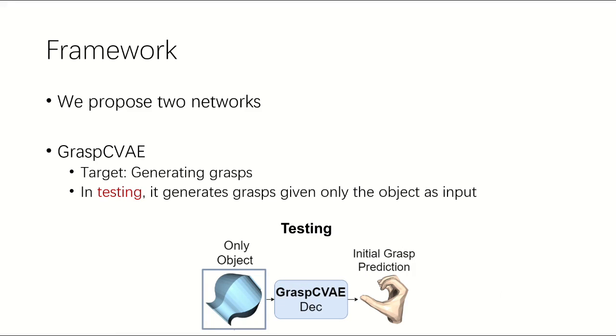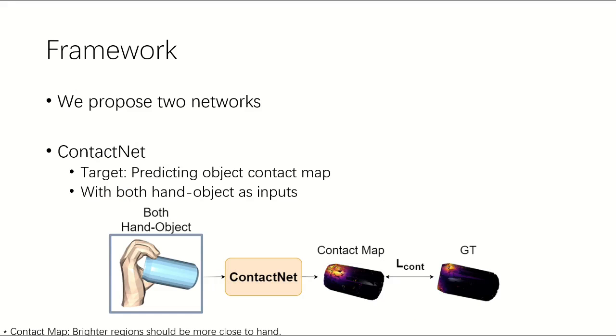At test time, the input will only be the object, and we only use the decoder of the GraspCVAE to generate human grasps. The second network is the deterministic ContactNet, which is used for predicting the object contact map. The contact map are scores defined on each object point, illustrating the possibility to be touched by the hand. The input of the ContactNet is both the hand and the object.